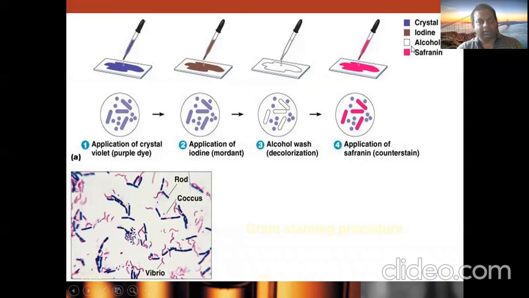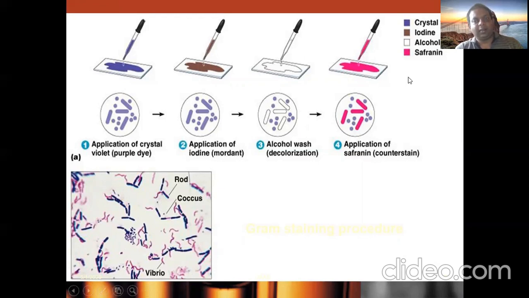So once through the third step, with the decolorizing, bacteria that contain a thin peptidoglycan layer will wash out. If it is gram positive, the color will persist. At this stage, if we look through the microscope, a gram positive retains the color, but a gram negative you may see as colorless.